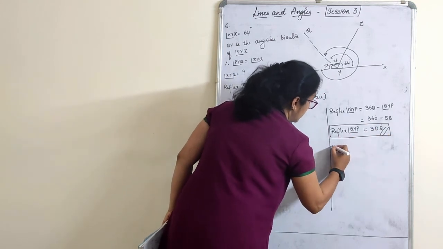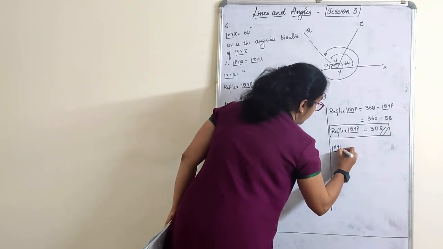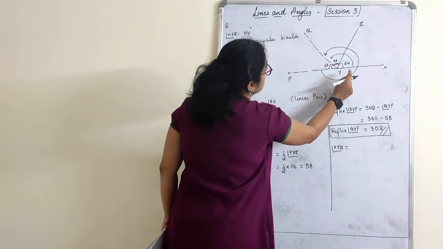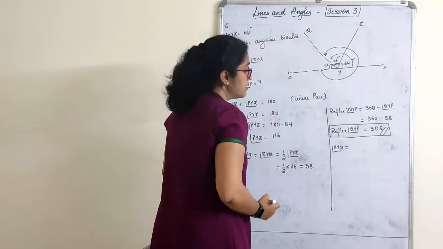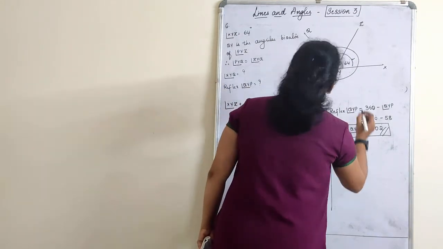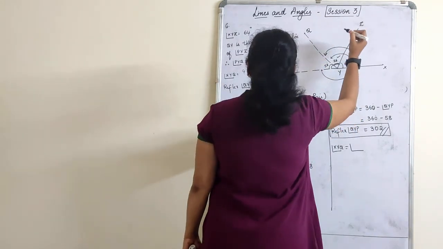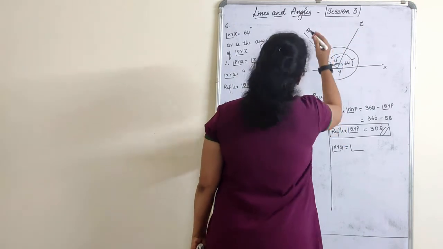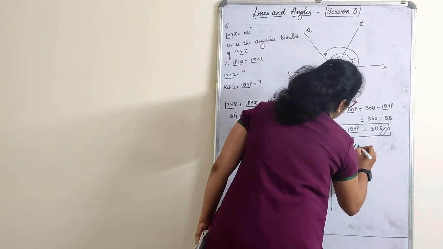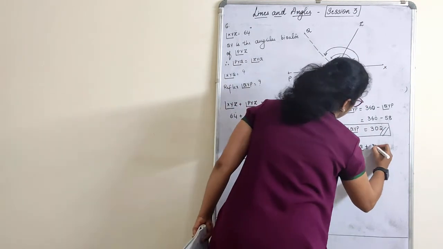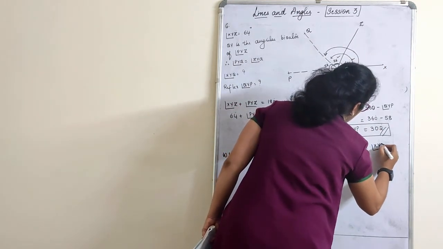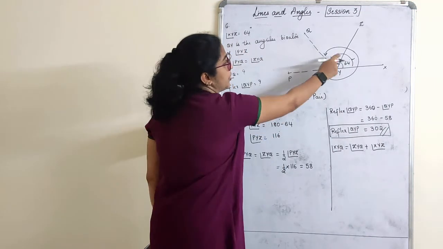Now, angle XYQ is equal to angle ZYQ plus angle XYZ. This is what we have to find.